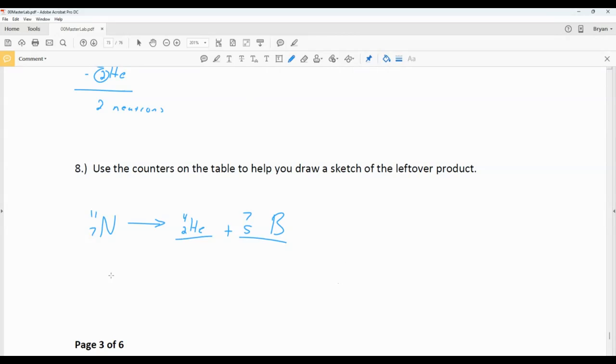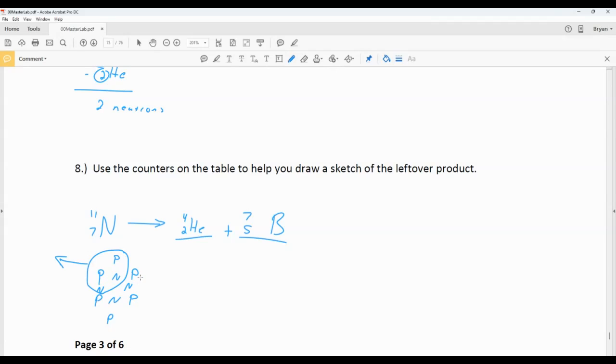If you think about what our picture looked like before, we had 7 protons, so proton, proton, proton, proton, proton, proton, and 4 neutrons, so neutron, neutron, neutron, neutron. When the helium-4 leaves, basically it's just like this chunk of stuff just kind of going away.